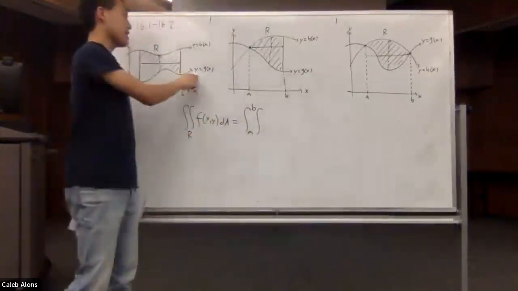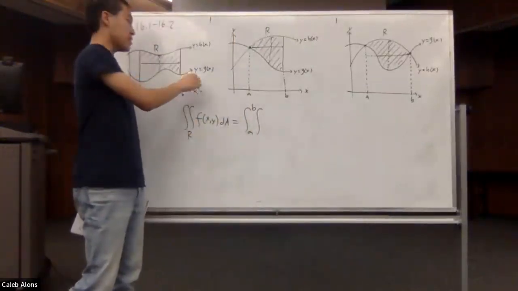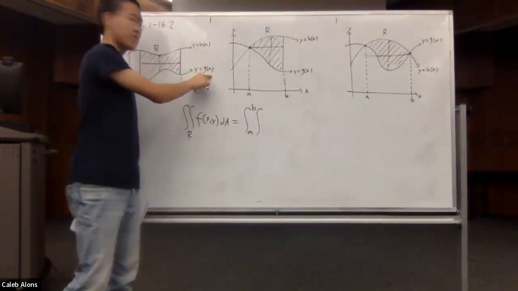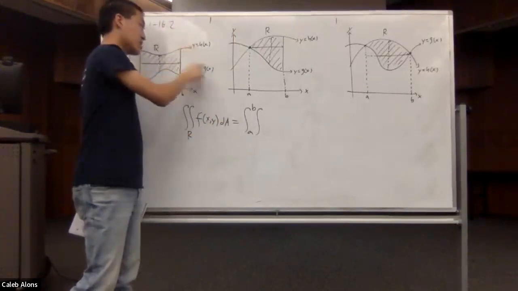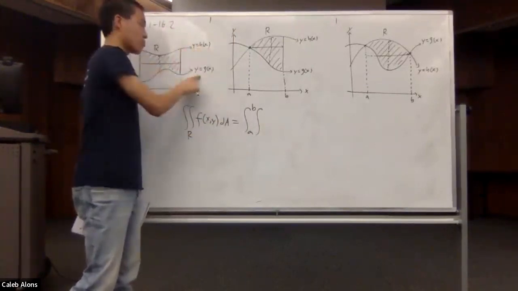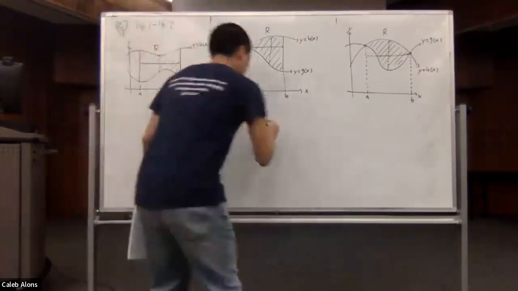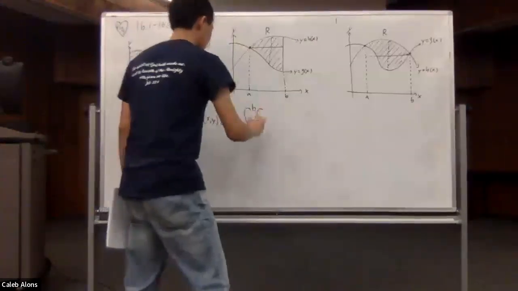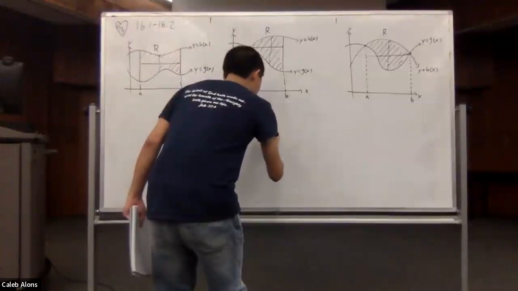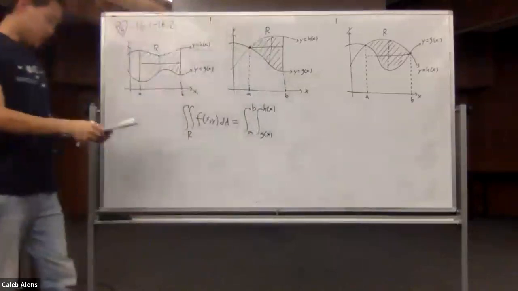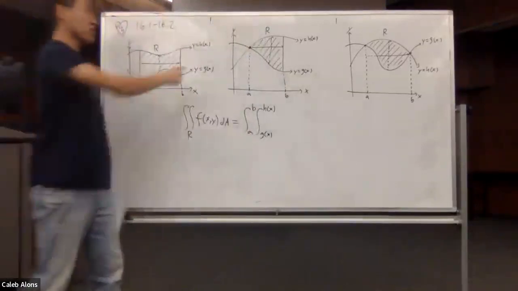Notice that instead of being equal to a constant, it says y equals g of x, instead of just y equals c. Does that make sense? And instead of y equals c to y equals d, now we're going from y equals some g to y equals some h. So instead of putting c and d here, we're going to put g of x here and h of x here.